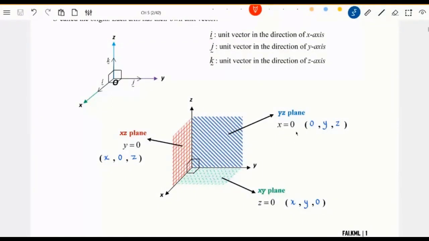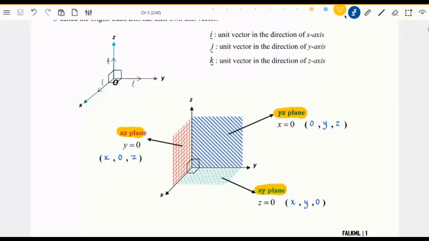So these things kamu kena tahu sebab kadang-kadang soalan tak bagi direct coordinate. Dia akan mention seperti ini sahaja. Okay, when we talk about YZ, it means yang tak ada adalah X, XY yang tiada adalah Z, XZ yang tiada adalah Y. Okay, so that's your coordinate on that plane.